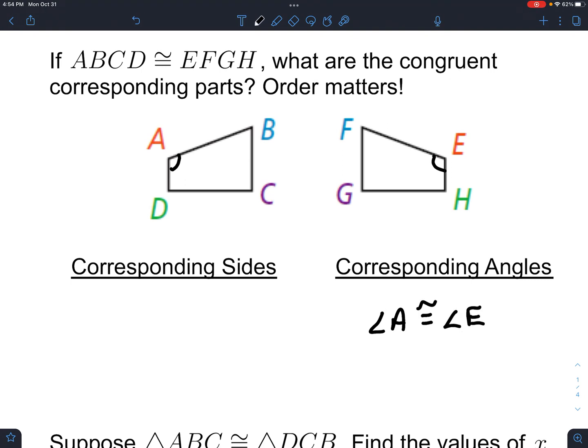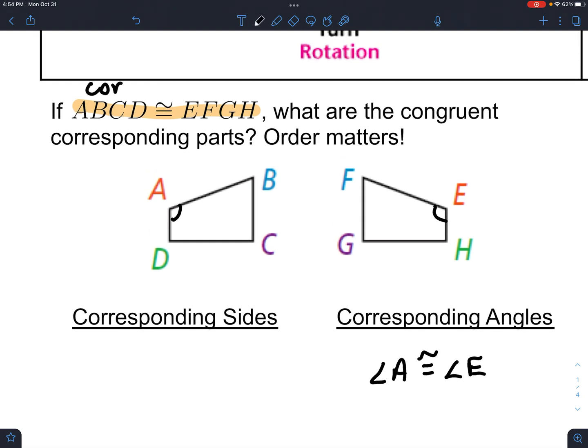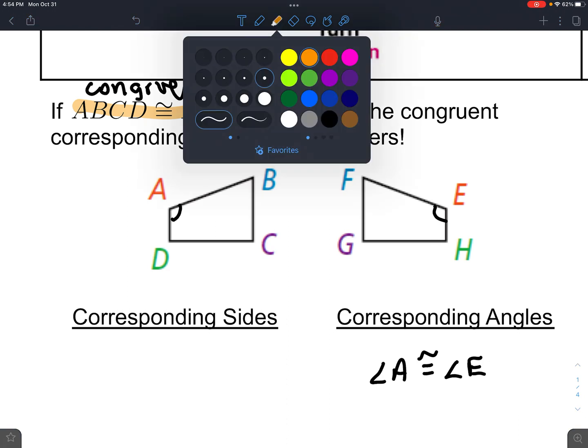Okay, so we would write this as a statement. Now, they're both red, so that's probably an indication that they're the same size, but this is called a congruence statement. And be sure you write that above here, congruence statement. And we use that congruence statement to give us a sense of order to things.